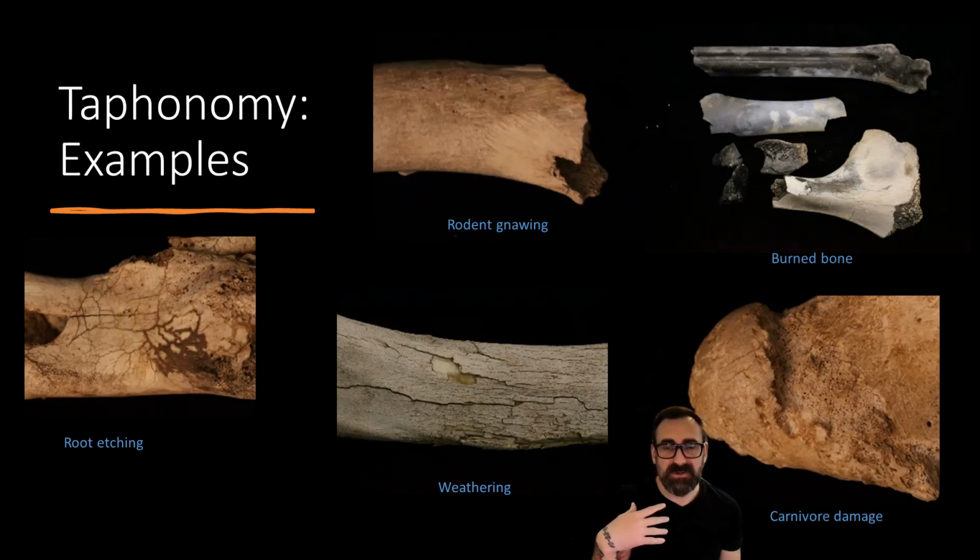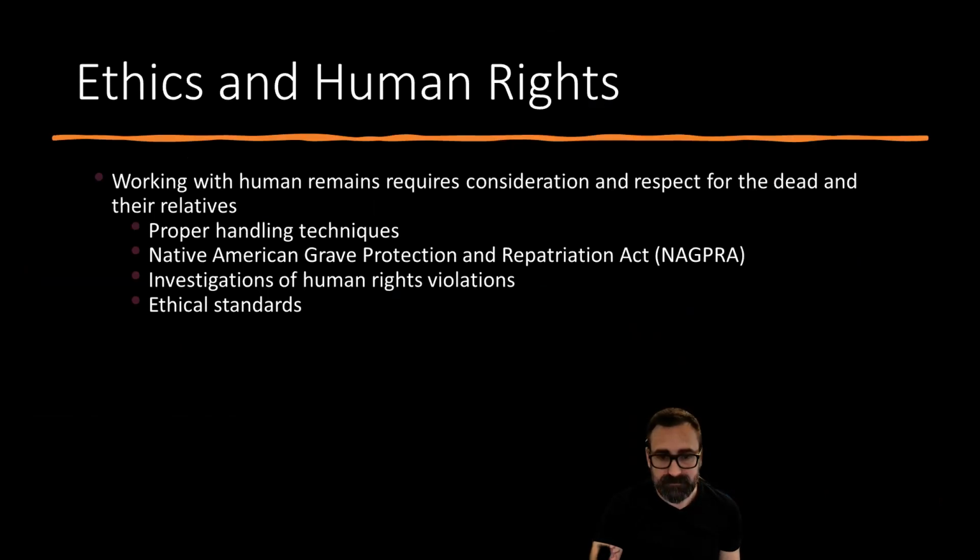So this could either be due to being killed by a carnivore and then predated upon, or it can be due to being scavenged. So an individual is left out and some kind of carnivore got to them. And on here, you can see gnaw marks on the bone.